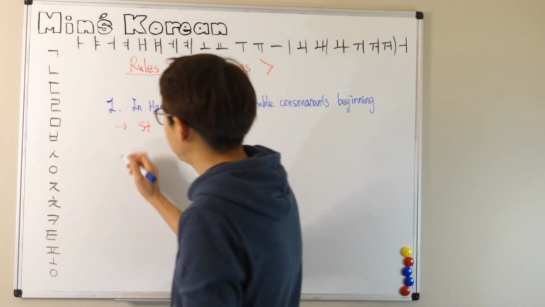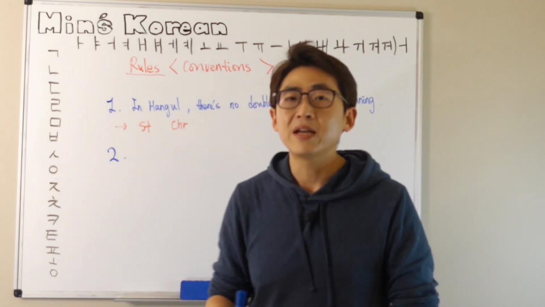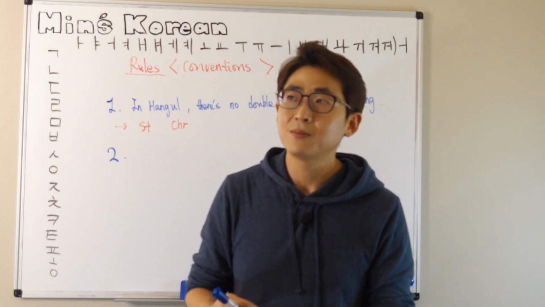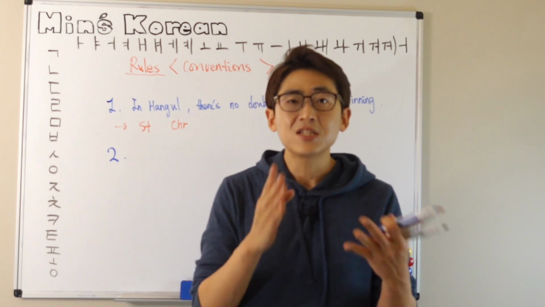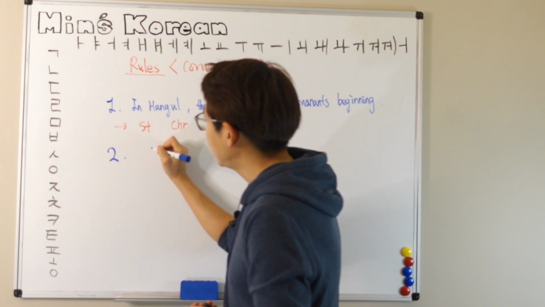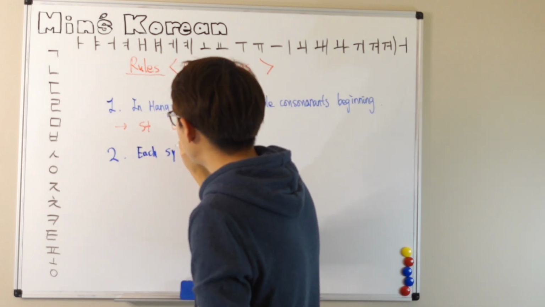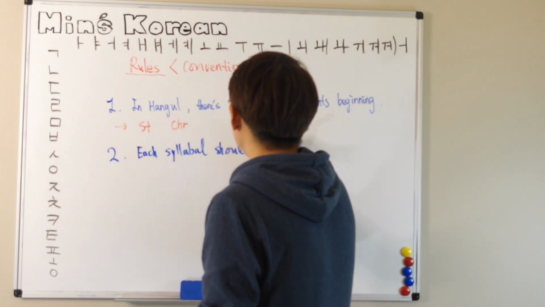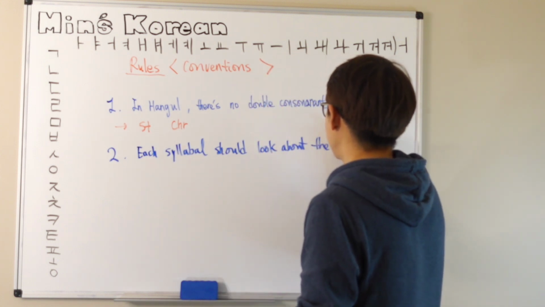Okay, and the next rule is no matter how many letters there are in a combination, the maximum is 4, right? Each letter should look about the same size. For example, each syllable, I should say, should look about the same size.